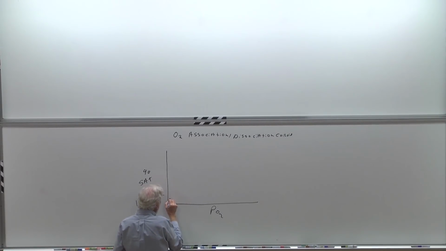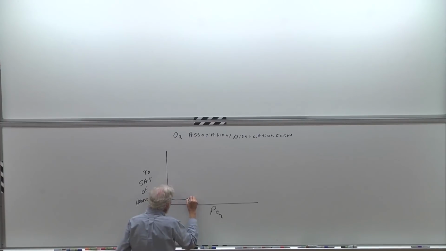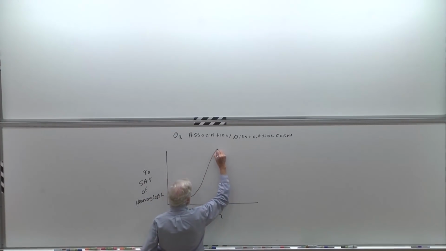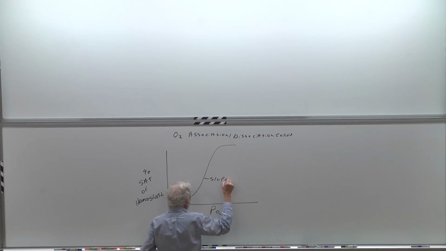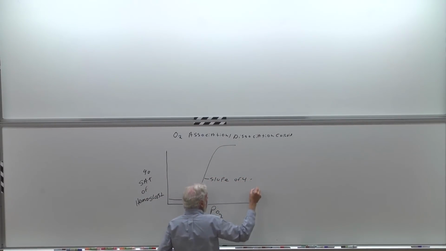And we said that it generated a classic sigmoid curve with a slope of 4. We said this was the Hill coefficient.